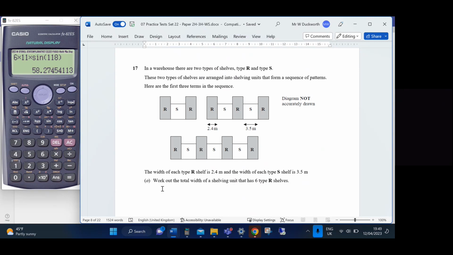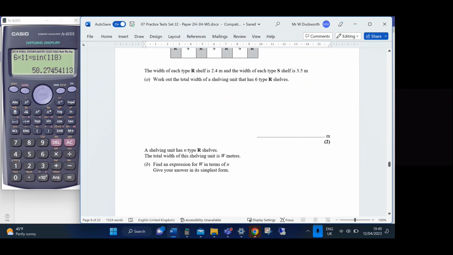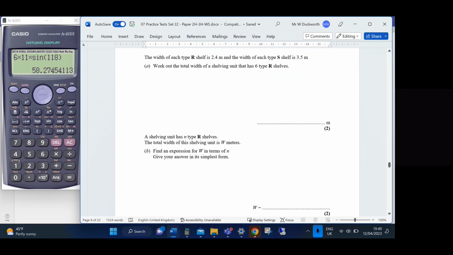Work out the total width of shelving used for pattern number 6. Just going slightly ahead, a shelving unit has n type R shelves with a width of W. Find an expression for W in terms of n.